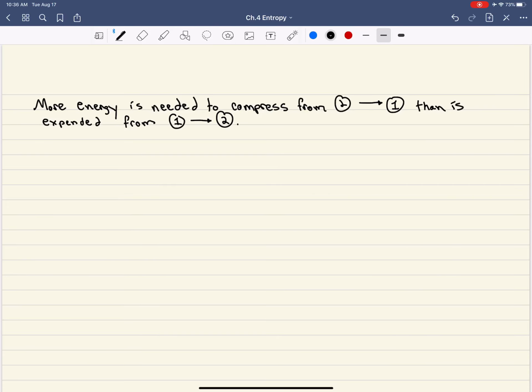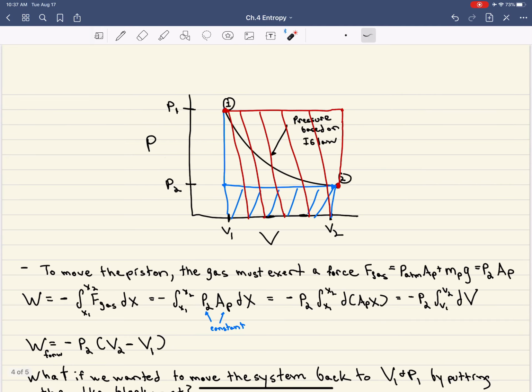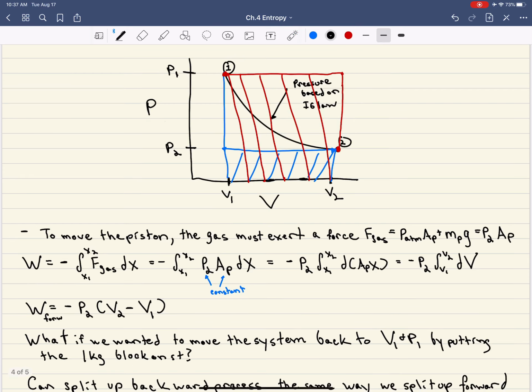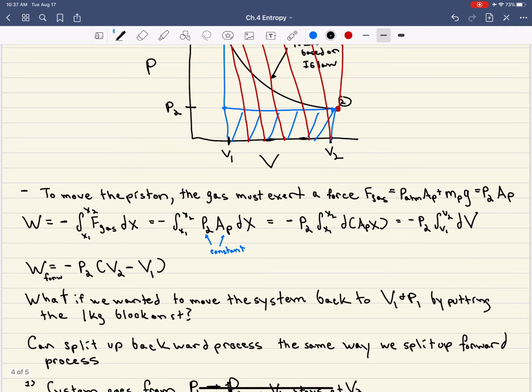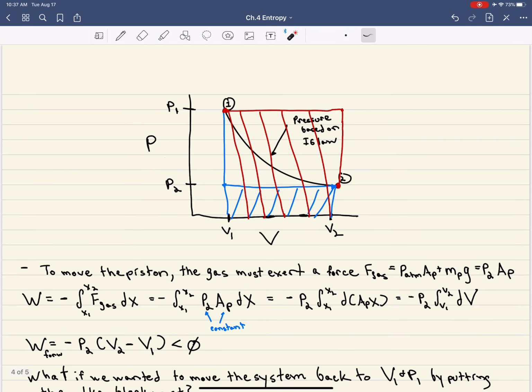Okay? And so, if you initially do the forward process, the work exerted by the forward process is negative, because this is going to the surroundings. Okay? And so in the forward process, the system is giving the surroundings this much energy. Okay?